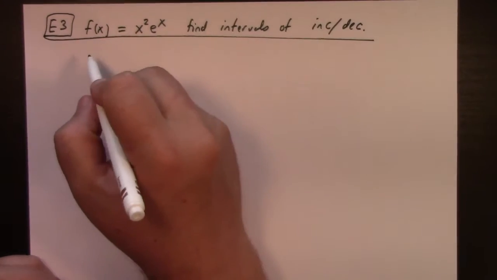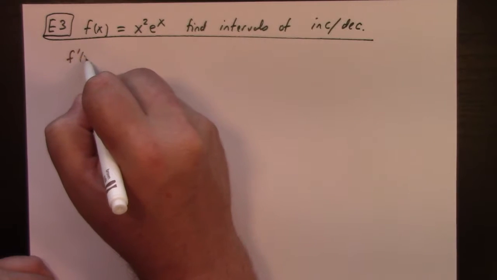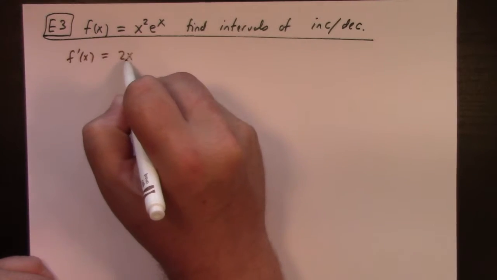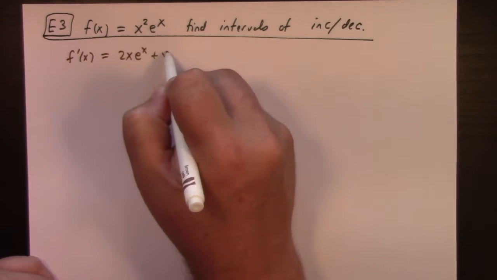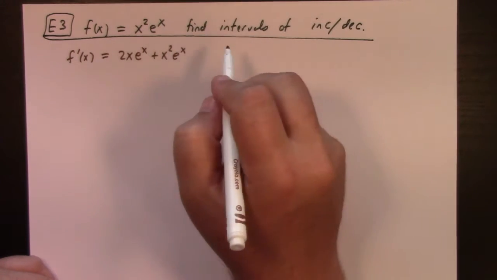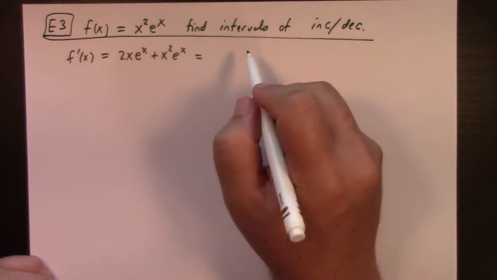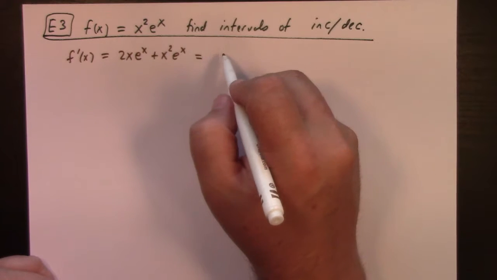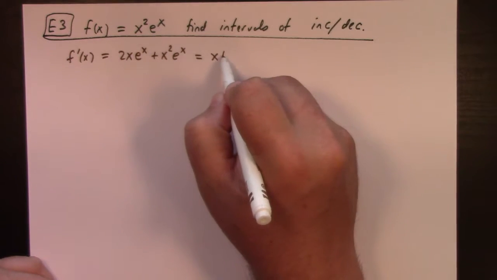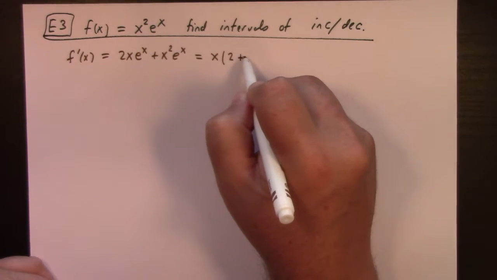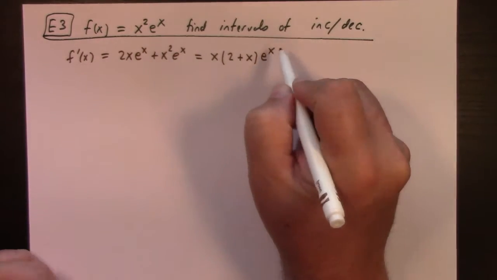So what is df dx? F prime of x is 2x e to the x plus x squared e to the x by the product rule. And so you can factor out e to the x, and you factor out x also, right? So I have x times (2 plus x) times e to the x.